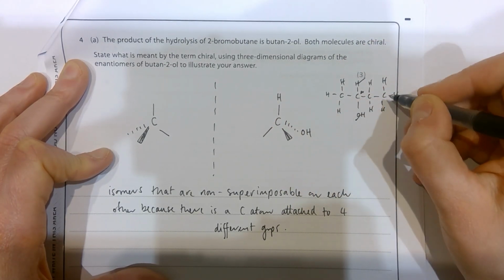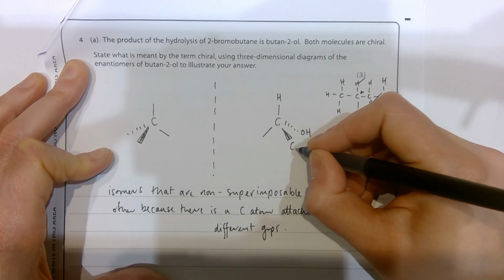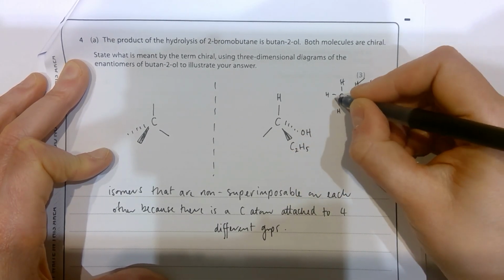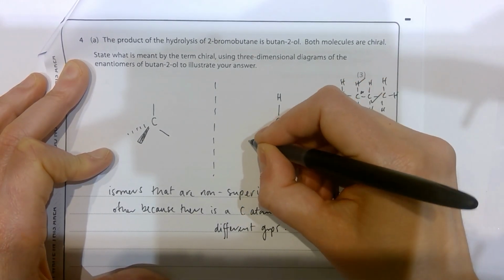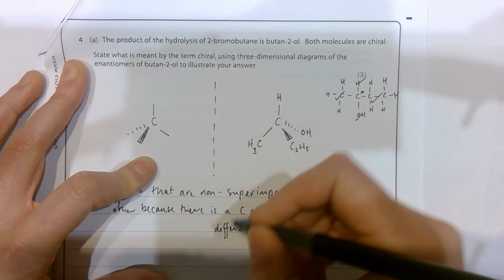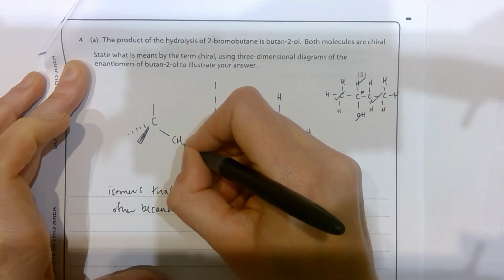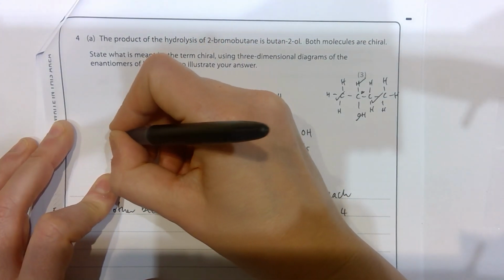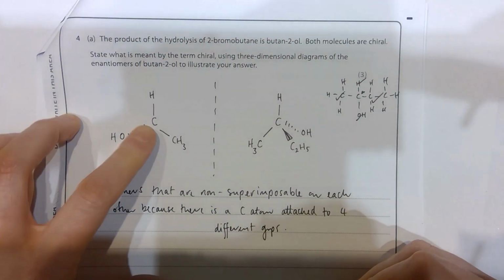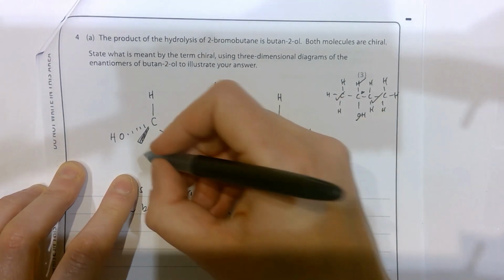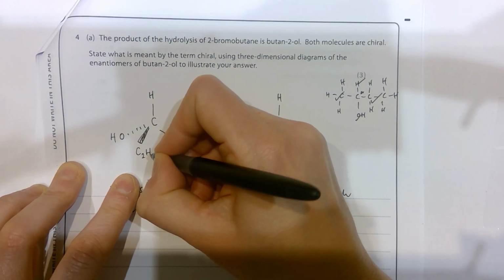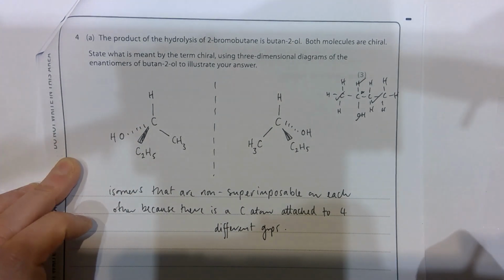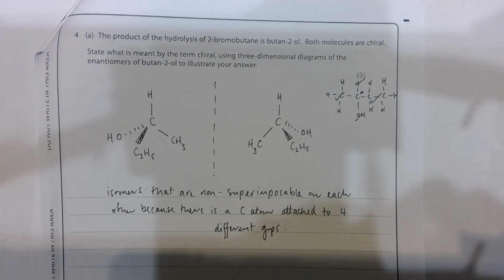I'll draw that there. 1 C2H5 group attached, and then 1 CH3 group here. And I'm just going to draw the mirror image now on this side. So CH3, H at the top, OH here. Make sure you draw it with the O attached to the carbon, not the hydrogen. Just be careful with that kind of thing. And the same here, the carbon is attached, not the hydrogen. Okay, and we're done.